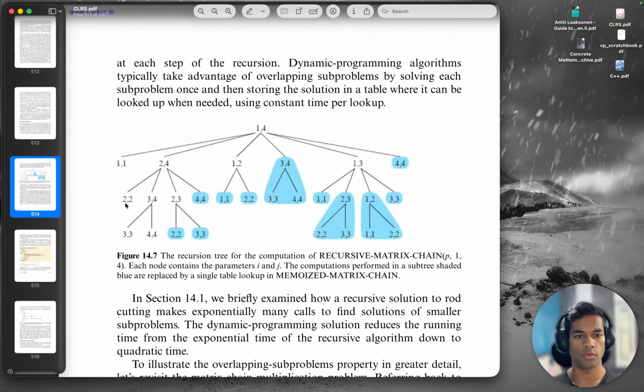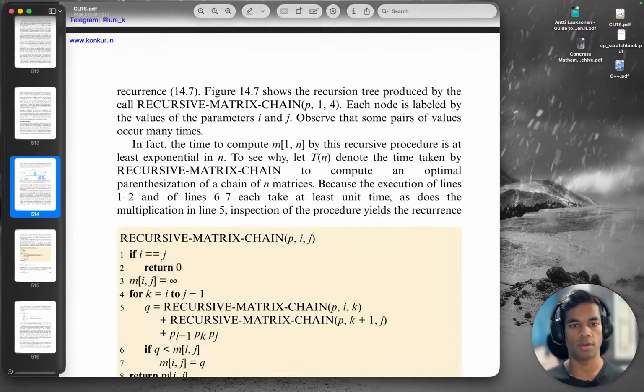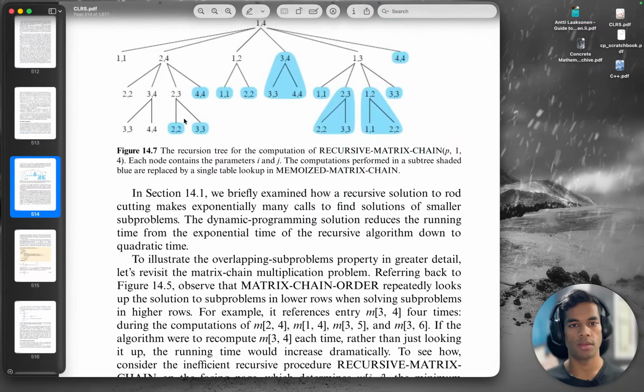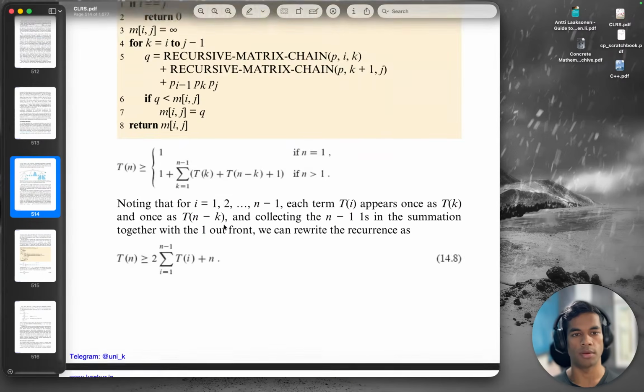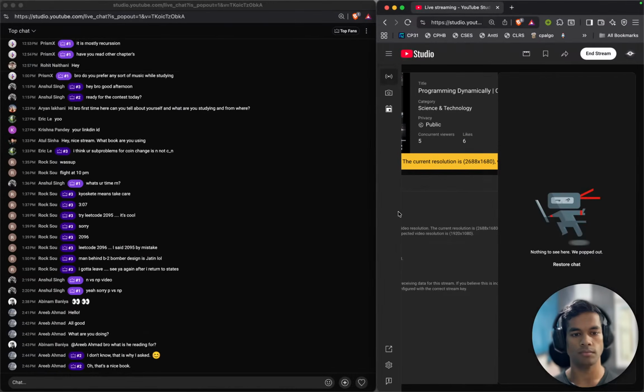We are solving for 2,2 again. We are solving for 3,3 here when we already solved it here, and for 1,1 and 2,2 again. For 3,4 we already solved it here, and since we are solving for 3,4 we are also solving for 3,3 and 4,4. So all of these blue things are overlapping and we don't actually have to solve them. We could have just looked them up in our table, which would have been better.